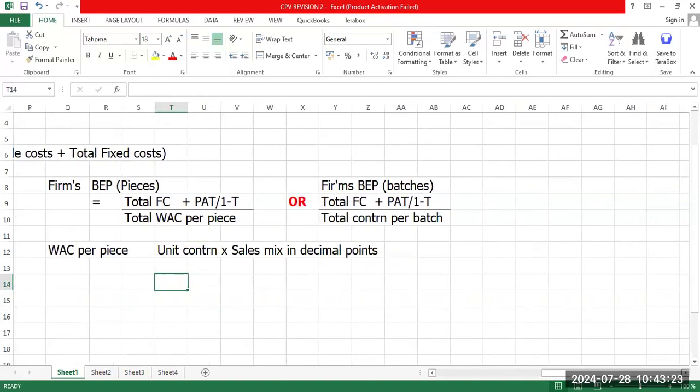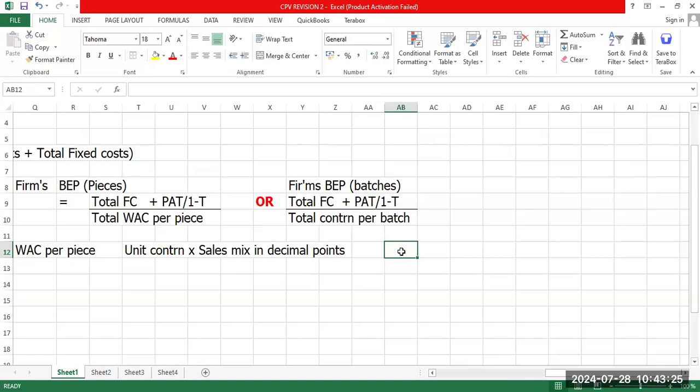Then someone who has used this formula will need to get total contribution per batch.